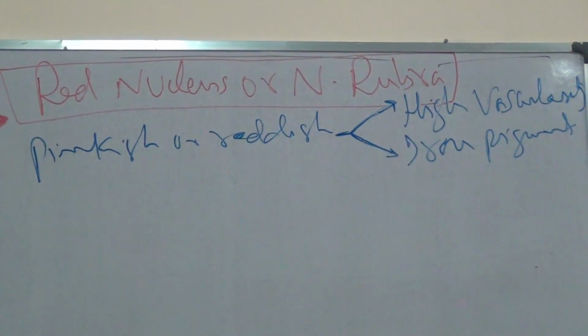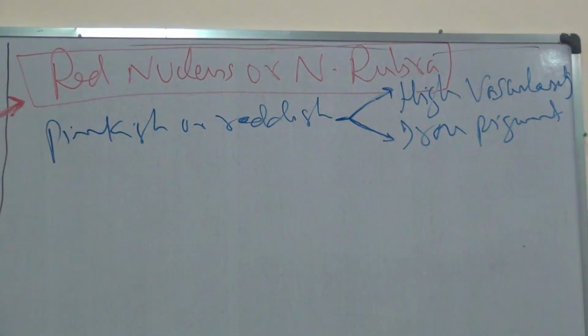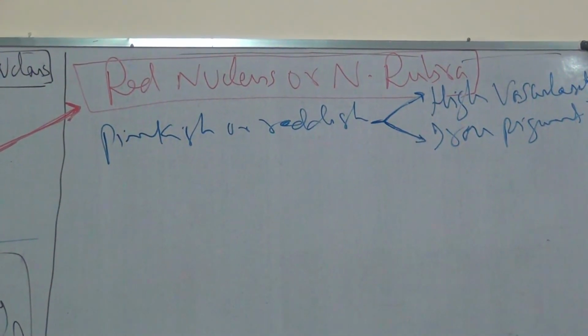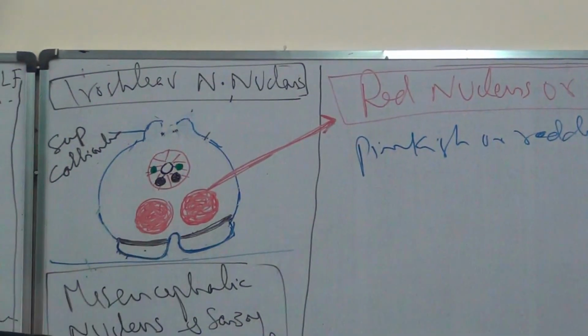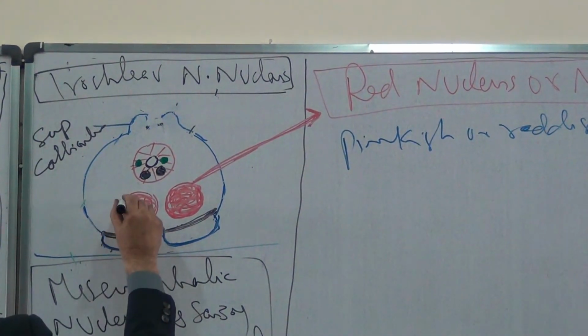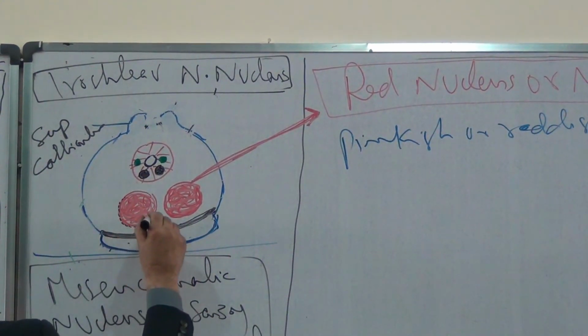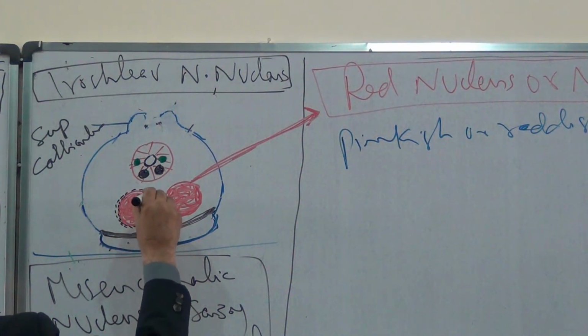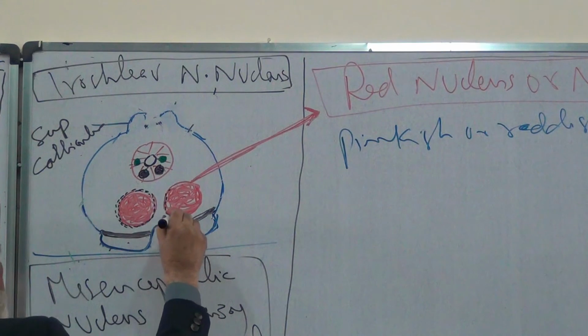In the fresh state, these nuclei appear reddish or pinkish. Outside, each red nucleus is surrounded by nerve fibers that form a sort of capsule around it.